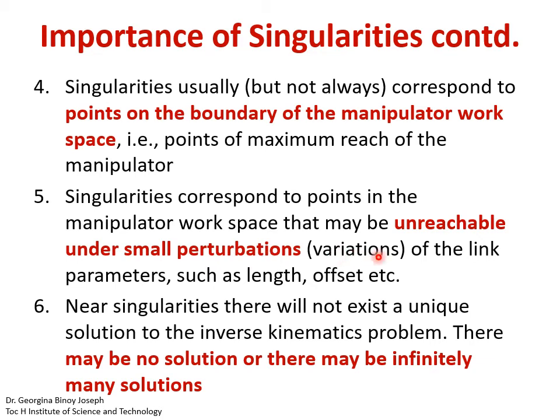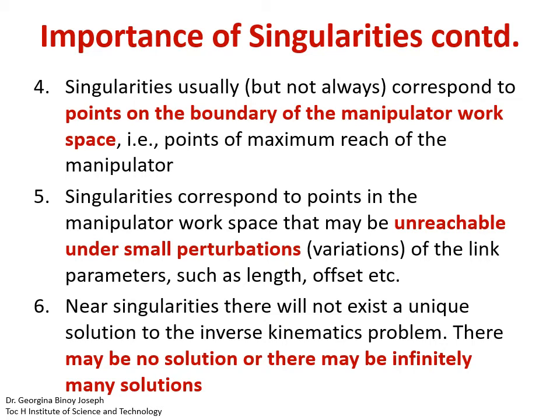What perturbations? The meaning is variations of the link parameters such as length and offset. When we studied various configurations of robots and their analysis in module 4, we saw that parameters such as length and offset were very important when we did the forward and the inverse kinematic analysis.